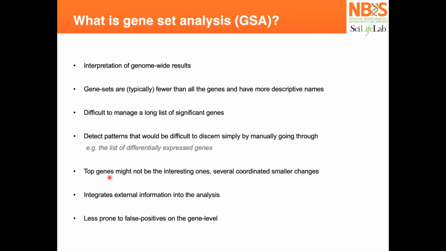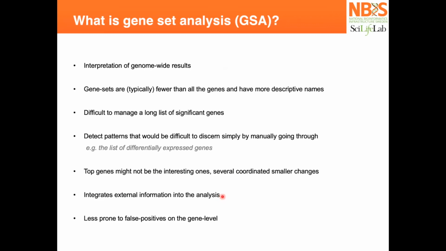So in some cases, the top genes might not be the most interesting ones. Even if you look at the top of the list, maybe ribosomal genes or mitochondrial genes usually come up. But if you take a look at the collection of genes that belong to your differential expression table, then you can have more significant or coordinated small changes, and that might be significant.